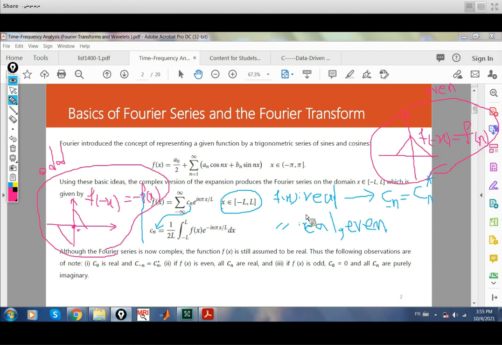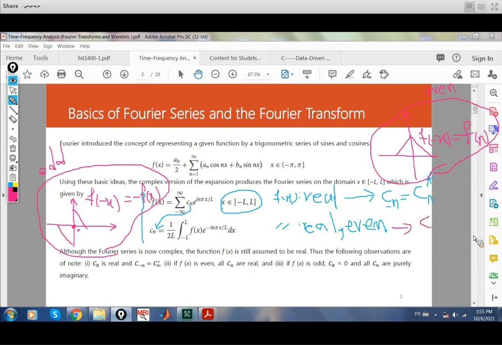All the measurements in this f(x) are real, doesn't have any imaginary parts. Okay? And if our function was real and even, then our Fourier series coefficients are again real and even.